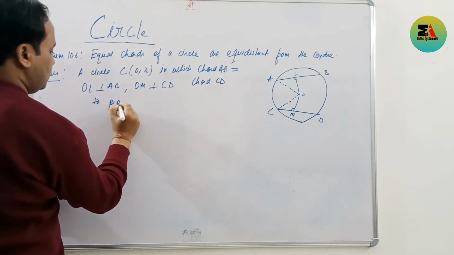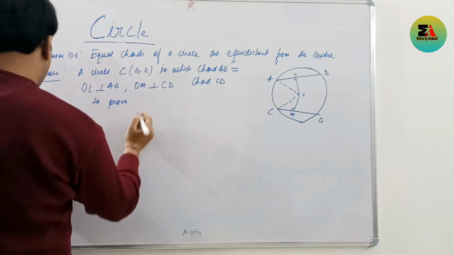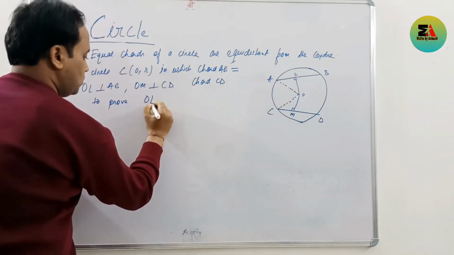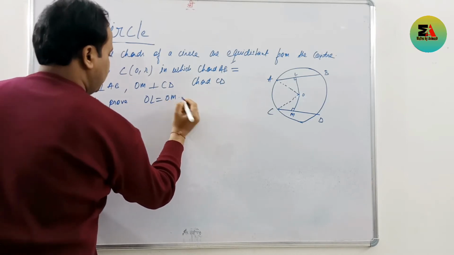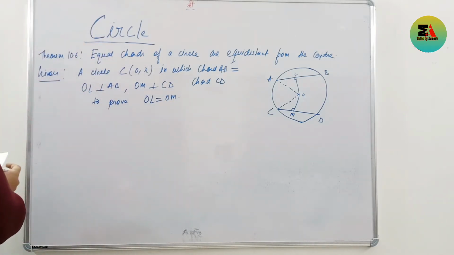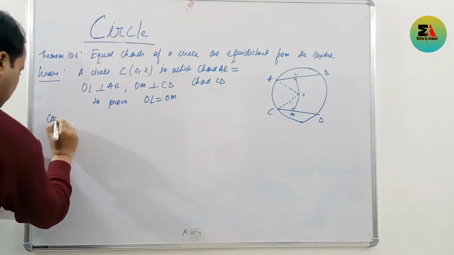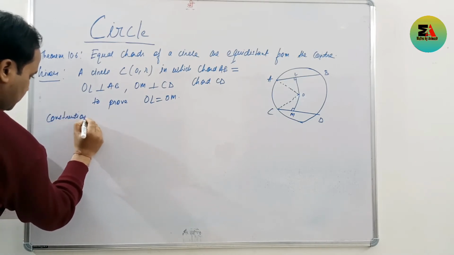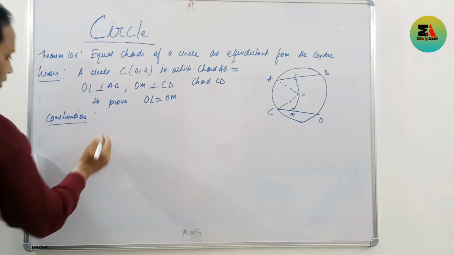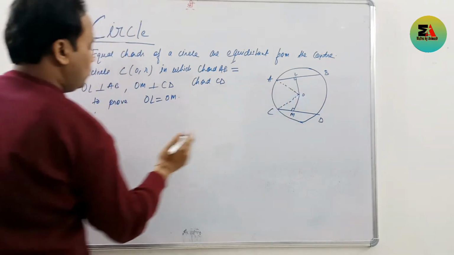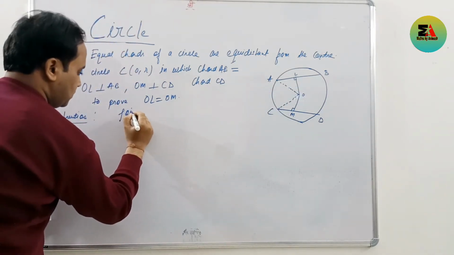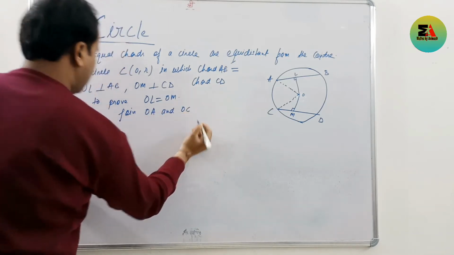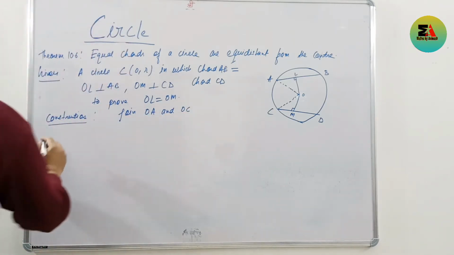Then to prove, what we have to prove, OL is equal to OM. Now construction, what we have to construct, join OA and OC. Now let's prove.